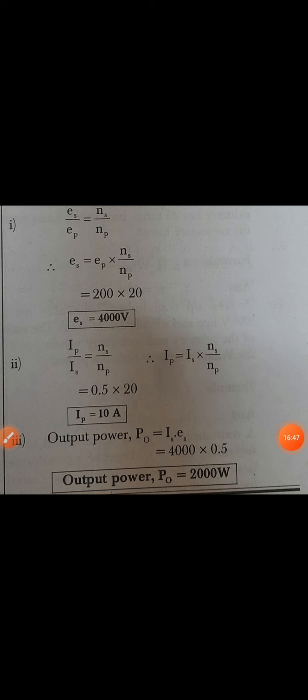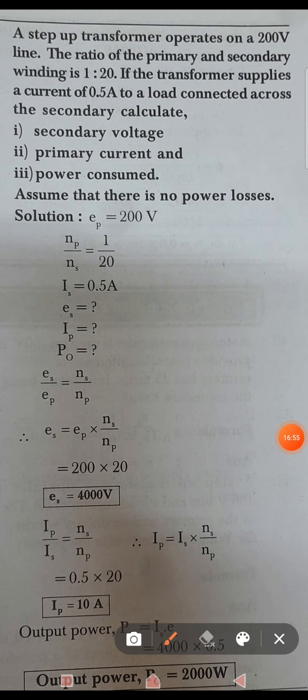So again I am going to explain this total question in one look so that you will get a clear idea of what is given and what we have calculated. The question says a step up transformer operates at 200 volt. It means the EMF of the primary is given as 200 volt, and the ratio of the primary to the secondary winding NP upon NS is 1 upon 20.